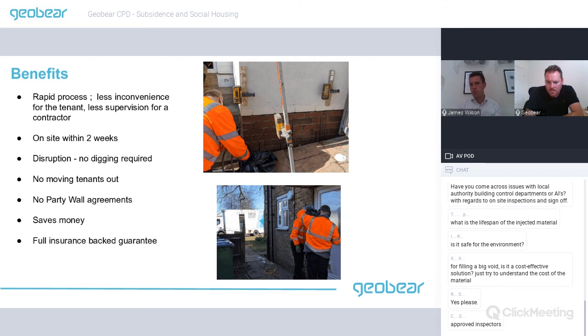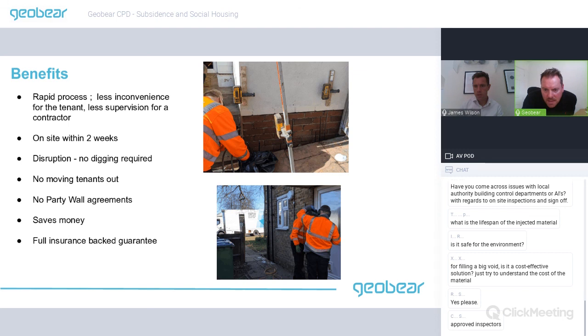So we don't need building control sign-off, and we've got a number of statements to that effect. We have had a couple who want to inspect it, but there's no such thing as a real sign-off from the building control department. So no, it doesn't happen. We don't need it. Yeah, Craig, you've got some good questions there. It might be worth having a separate conversation anyway to answer some of those.